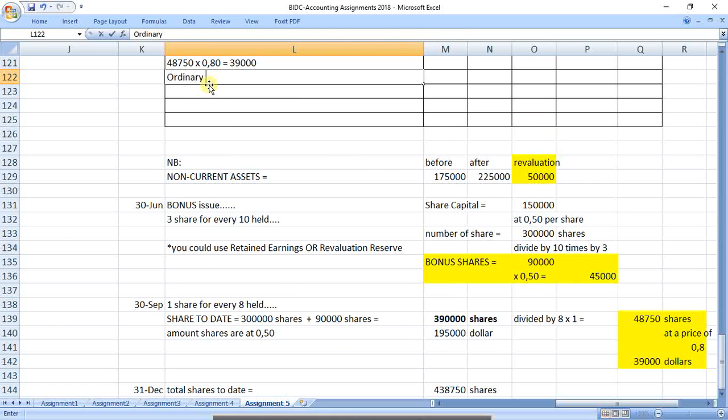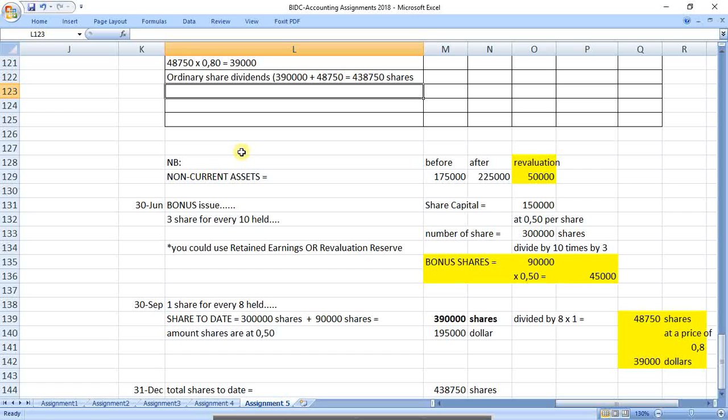Ordinary share dividends, brackets, 390,000 shares plus 48,750 equals 438,750 shares.